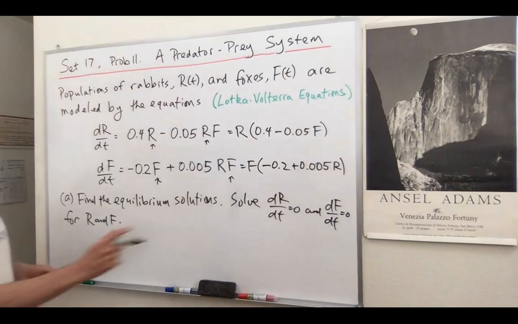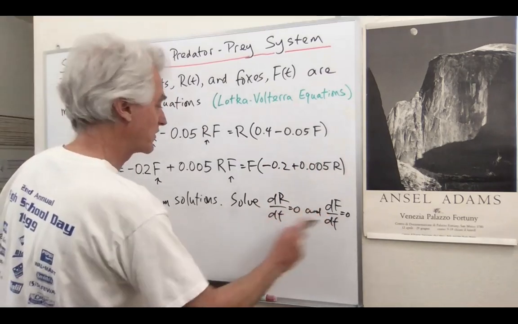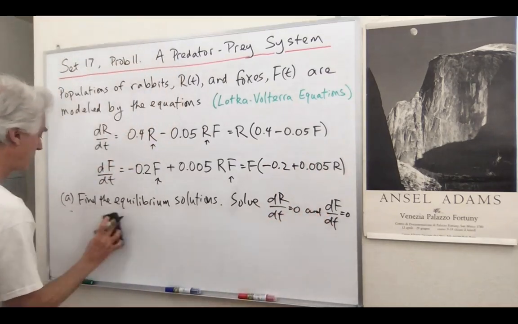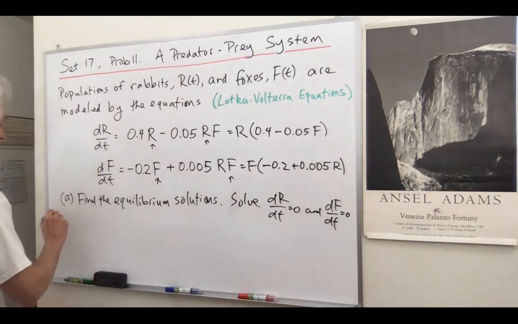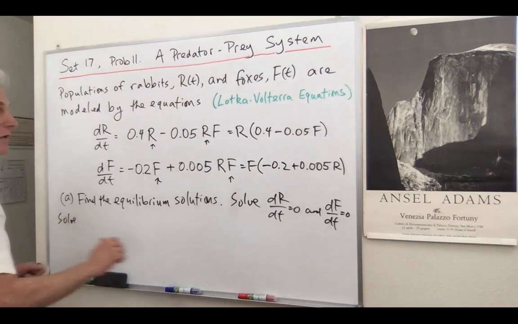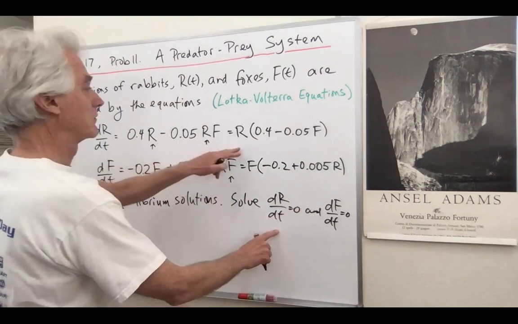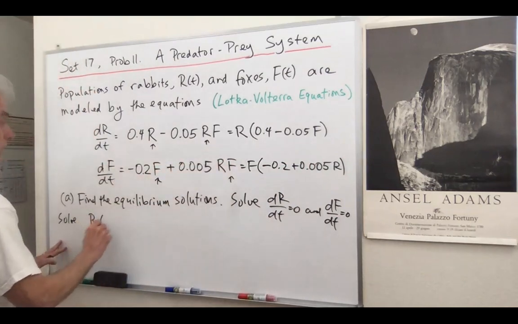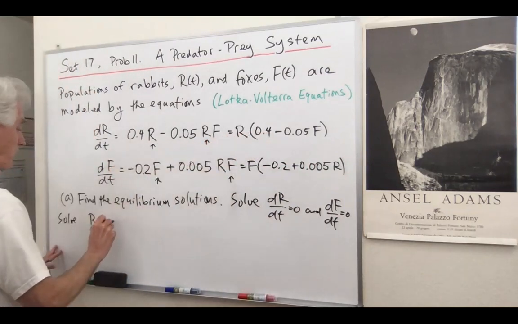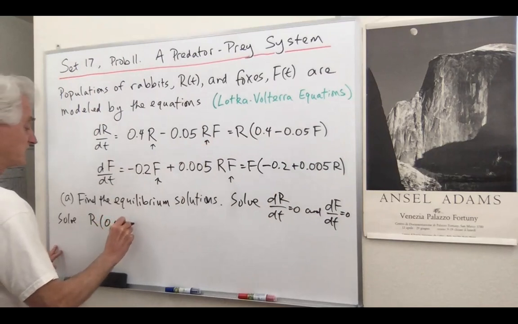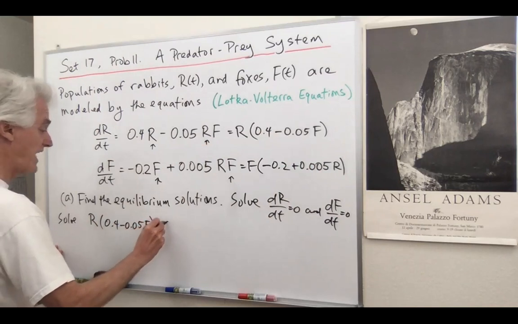All right. So what is this system of equations then? We need to solve dr dt is 0, which is r times (0.4 minus 0.05f) equals 0.